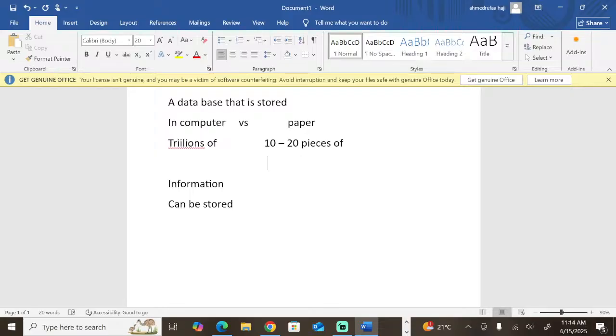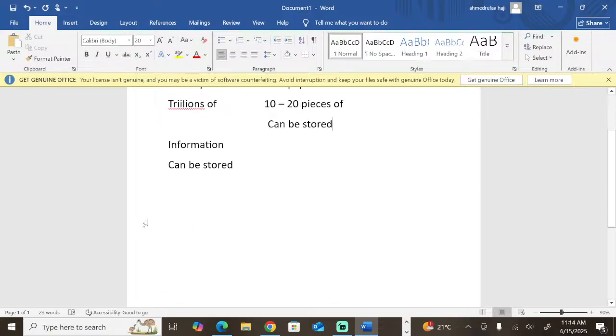That is the first difference, all right? Trillions of information can be stored. The other one, 10 to 20 pieces of information can be stored.